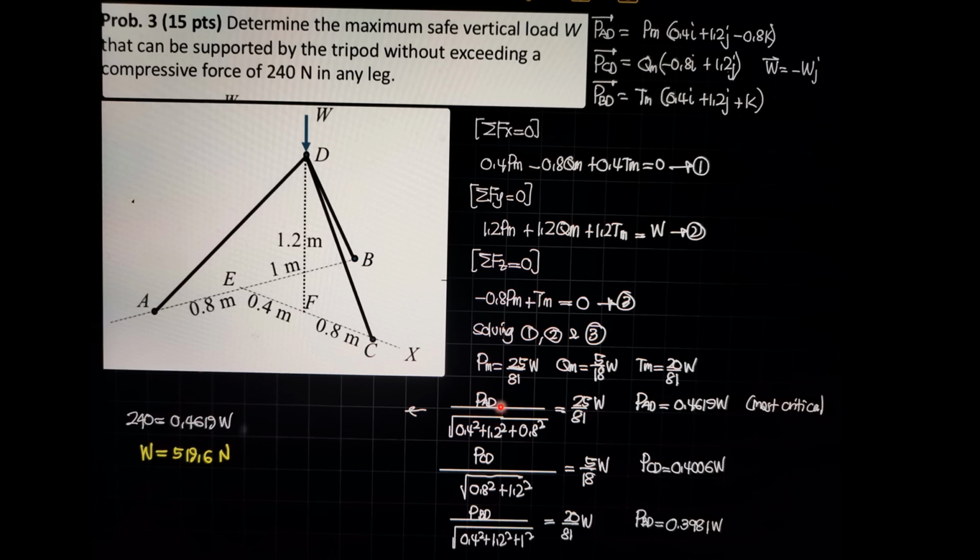So the magnitude of PAD equals Pm times distance AD.